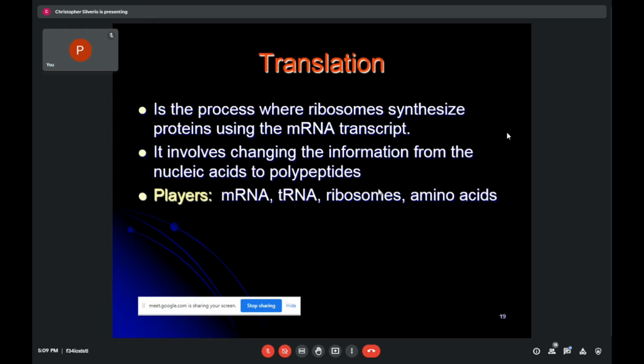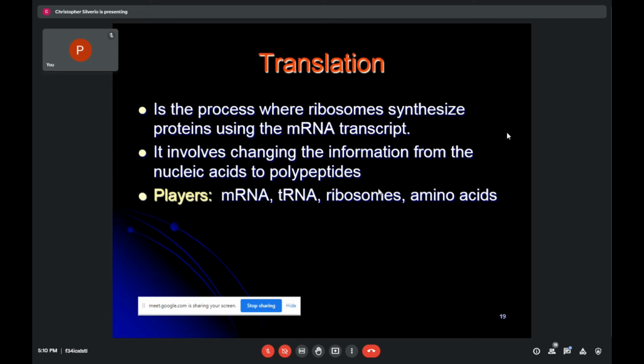Translation involves changing the information from the nucleic acid to polypeptides, from ribonucleic acid, RNA, to protein.